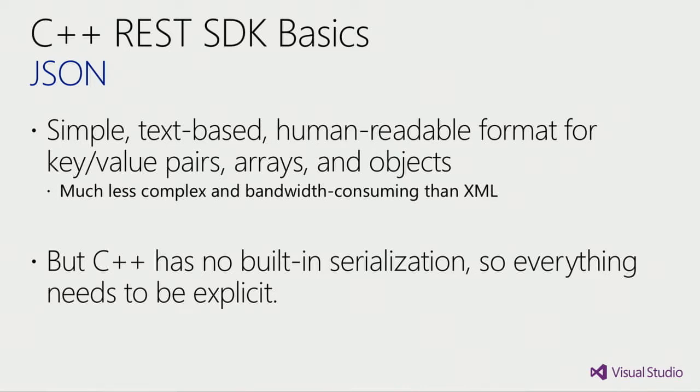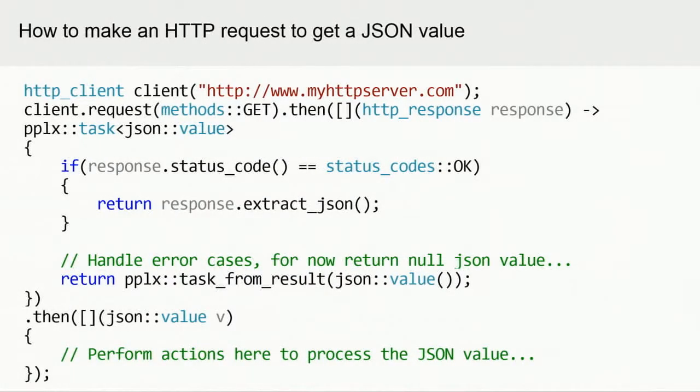But in other languages, you can often do JSON to object serialization and deserialization through attributes or various declarative notions. In C++, we don't have that rich runtime metadata, so we had to go with a more explicit API for dealing with JSON. But it is so fundamental that we built it straight into the HTTP response and request APIs.